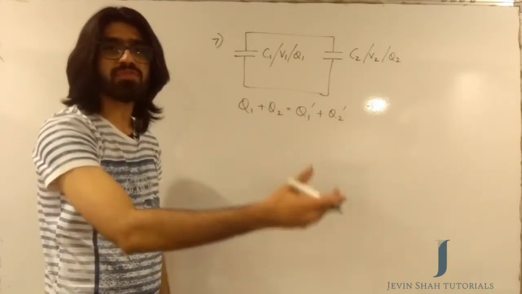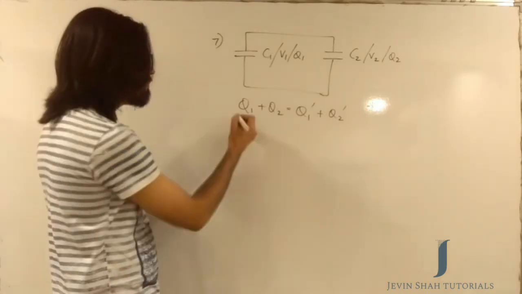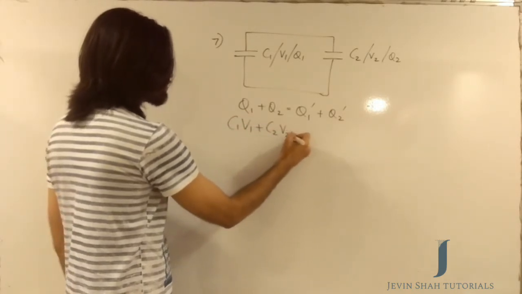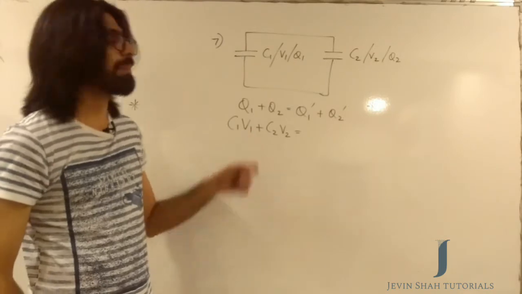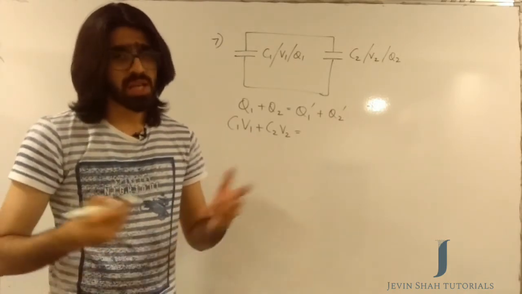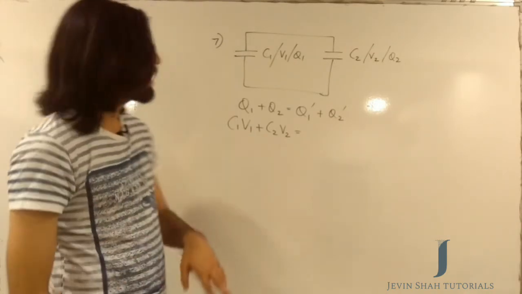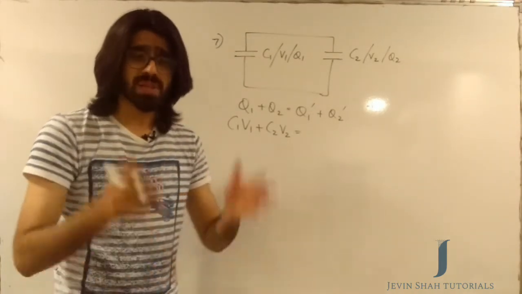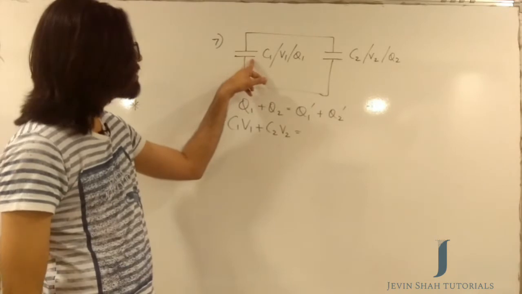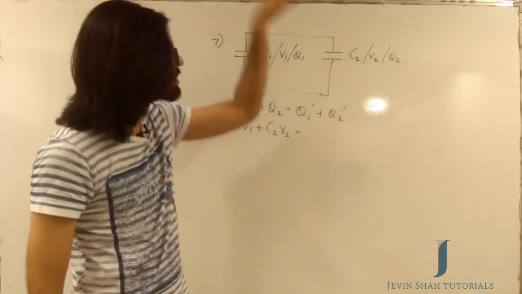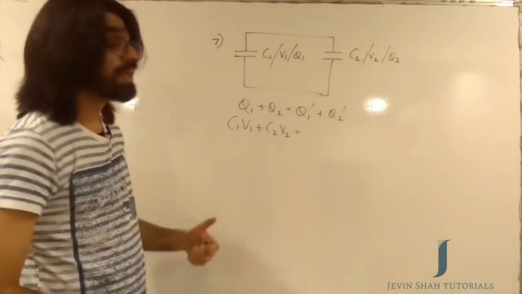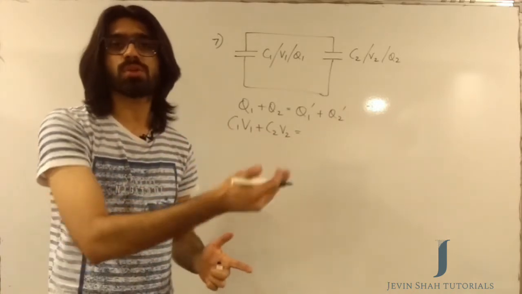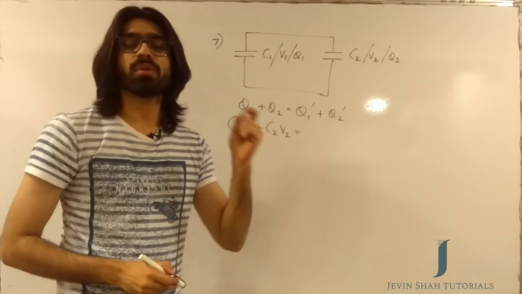So let's go ahead with Q1. You know that the formula for Q is given by C into V. So this would be C1 V1 plus C2 V2. Like I said, capacitance does not depend upon charge, neither does it depend upon voltage. If the capacitance here was C1, even after the charges rearrange themselves, the capacitance for this will still be C1, the capacitance for this will still be C2, but their potentials change. But I said that the charges are going to continue to get exchanged till they reach a common potential.